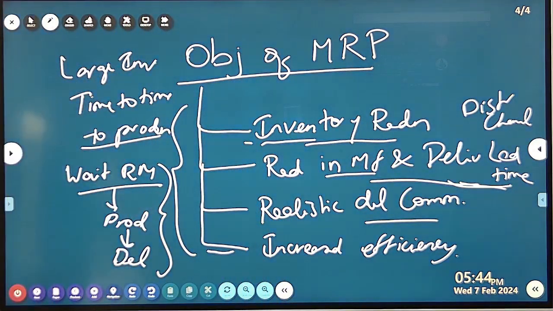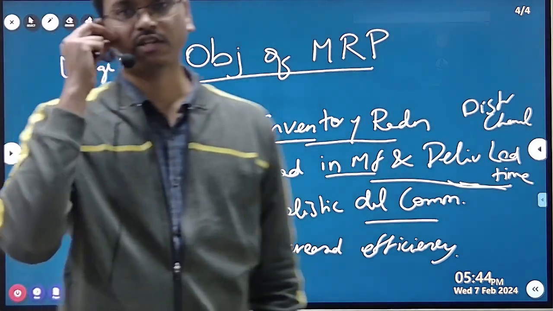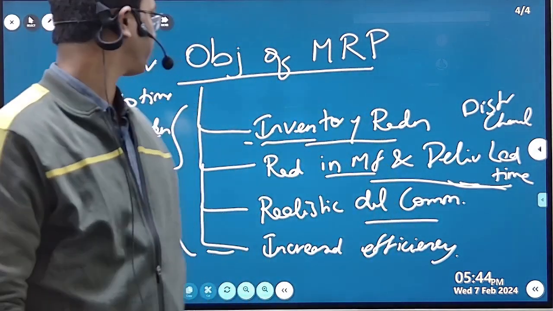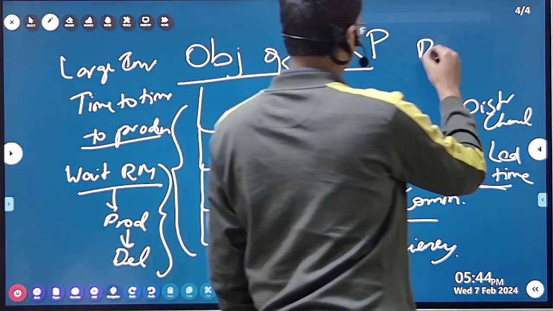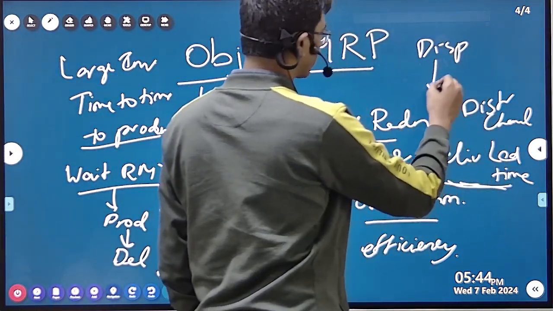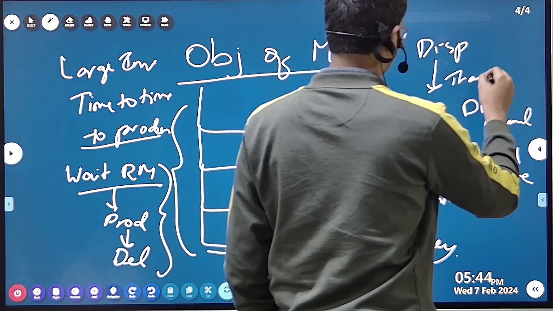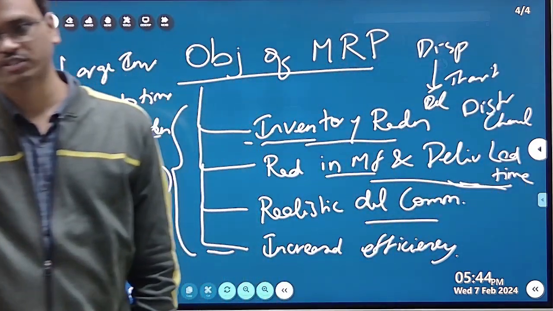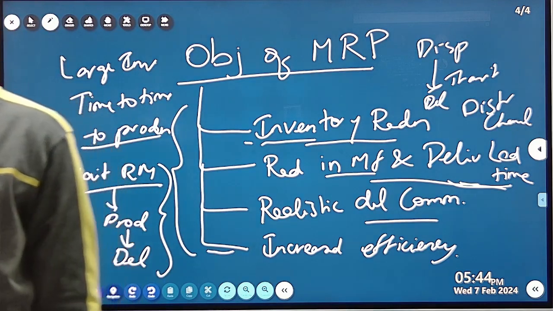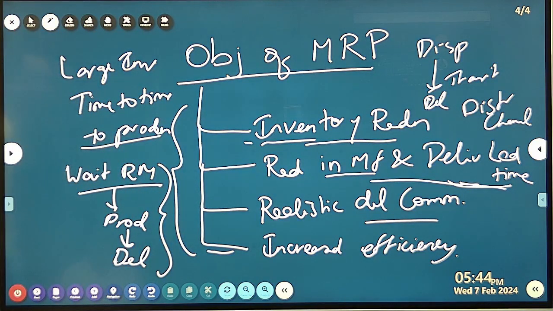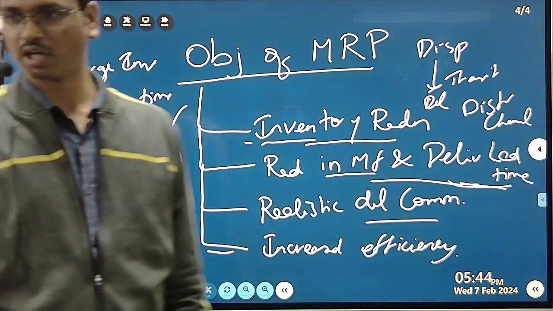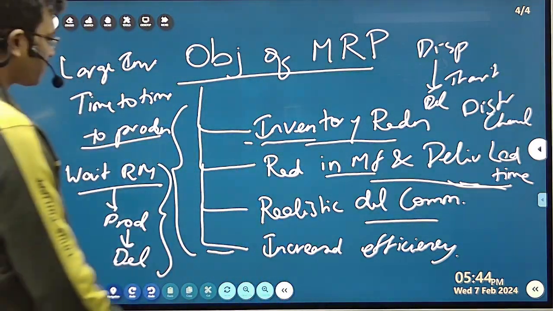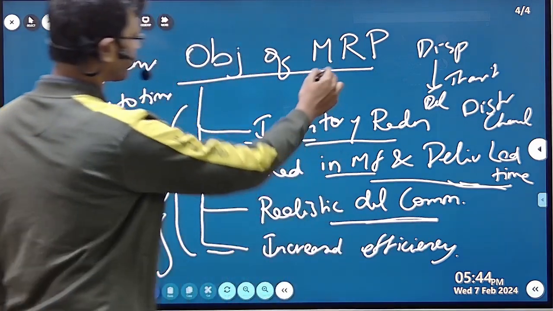Now, if you see today your Amazon and all, they will give you the exact delivery date because it is completely planned. They will know when they will dispatch your item, how much time it will take for the transit, and when you will get the delivery. And if you see, they'll not miss the delivery date. It happens very rarely, but if you order something and they say it will arrive at this date to your address, it generally arrives at that date, right? So this is all resource planning, right?